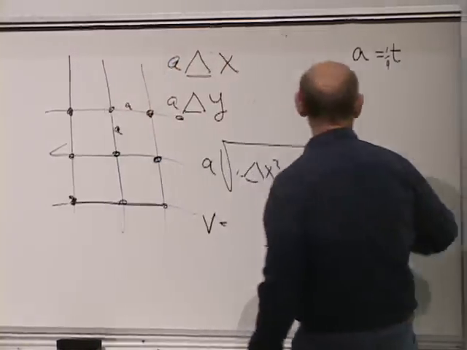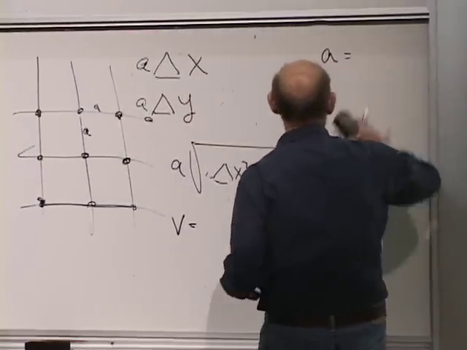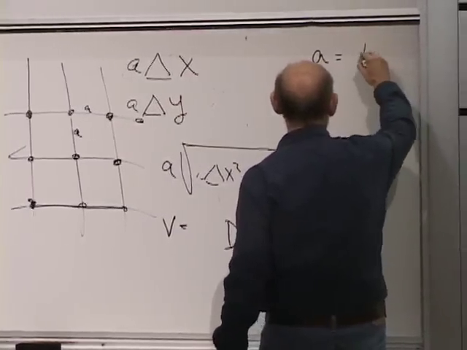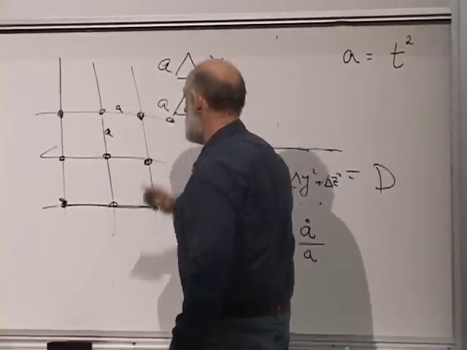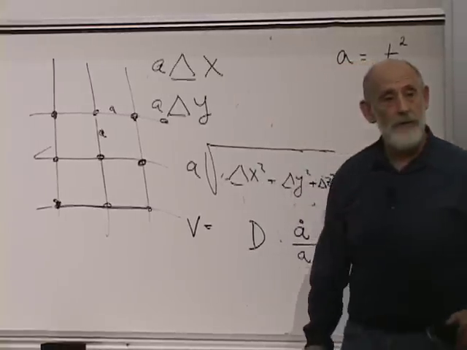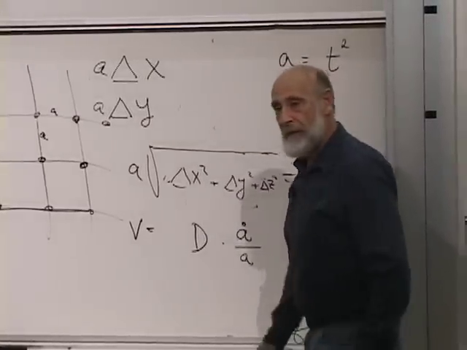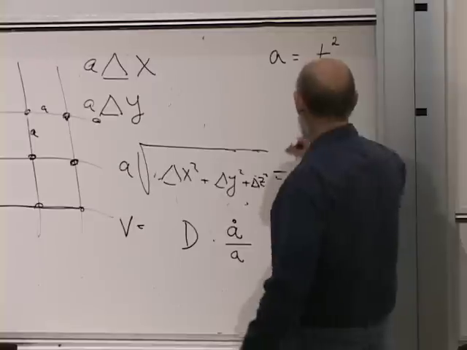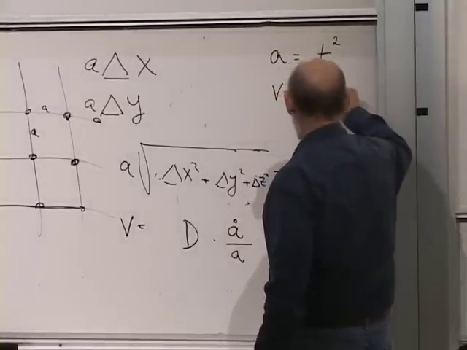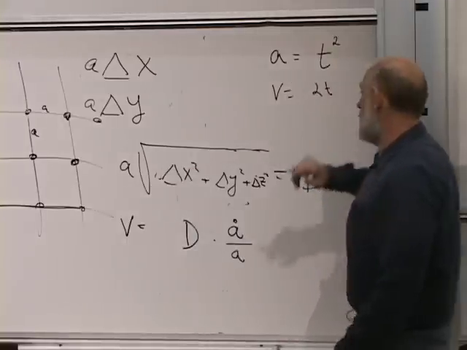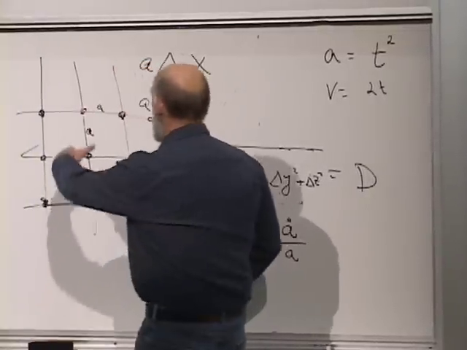Here's another example. Supposing a increased like t squared. The distance between this galaxy and this galaxy is increasing like t squared. What is the velocity between them? 2t. The velocity is just 2t. In this case, the velocity between these two galaxies is increasing with time. All right?